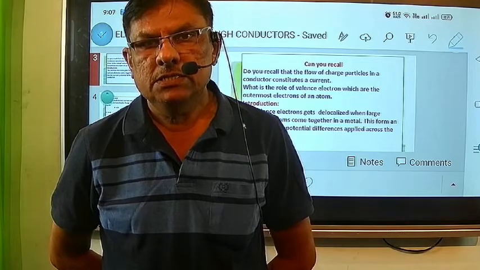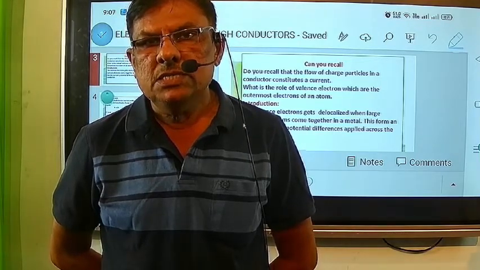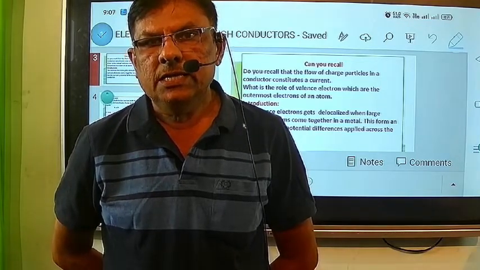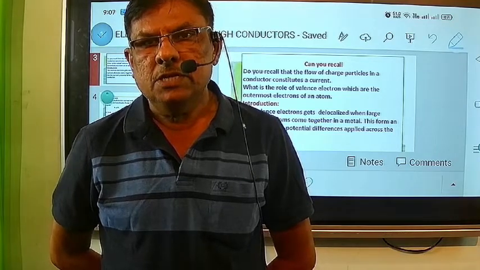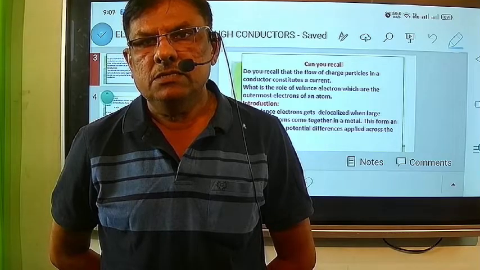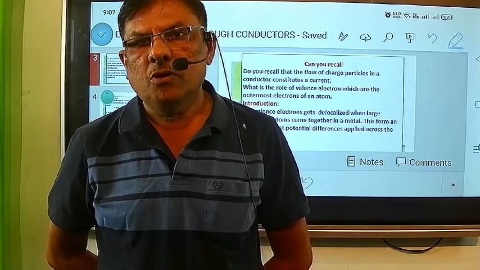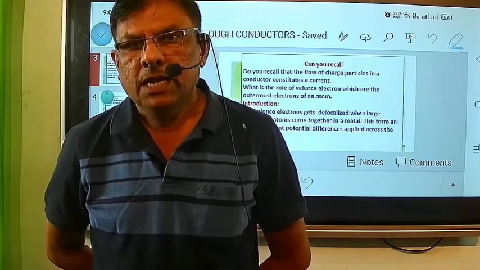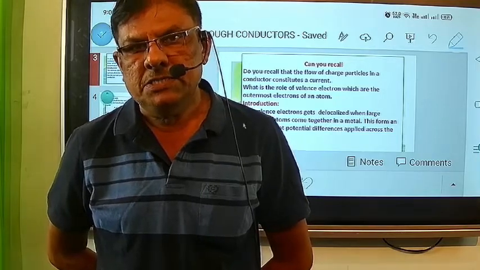So, hence, these electrons are present in the atom. Now, suppose for conduction, we take copper material, which is a good conductor of electricity.